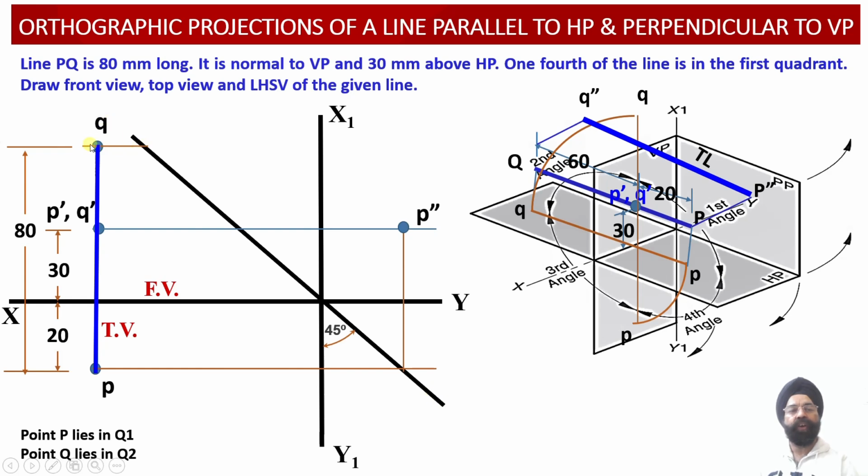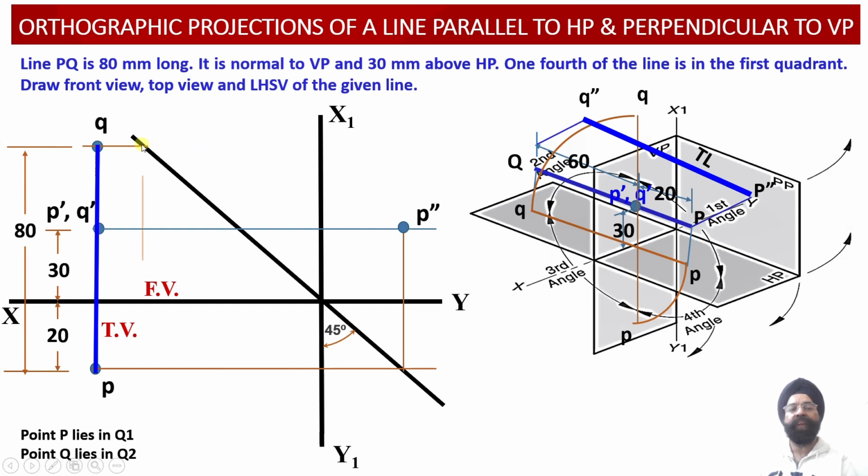As we draw a horizontal projector line through this, we can see this 60 millimeter height, that is behind the vertical plane distance, has been converted into 60 millimeter behind the vertical plane distance in the horizontal direction.